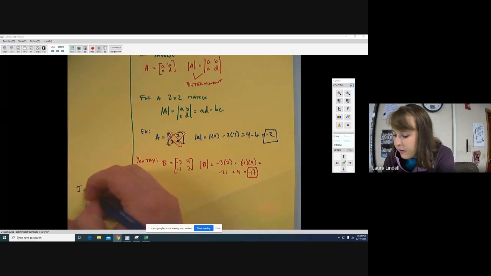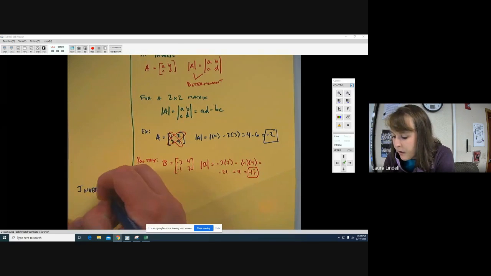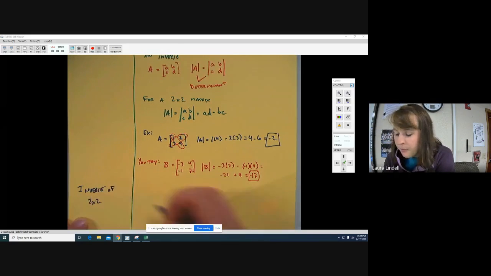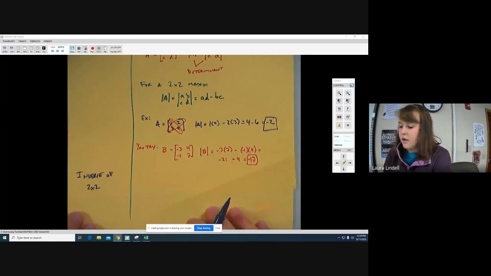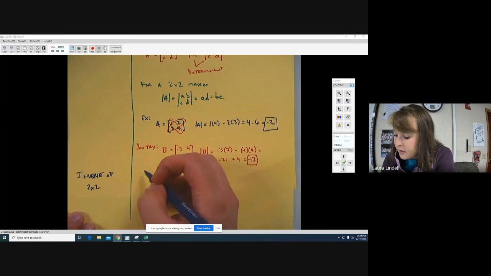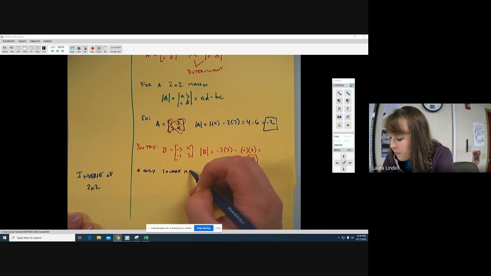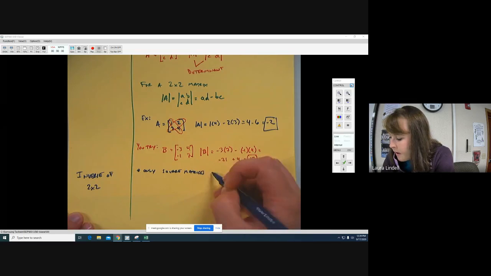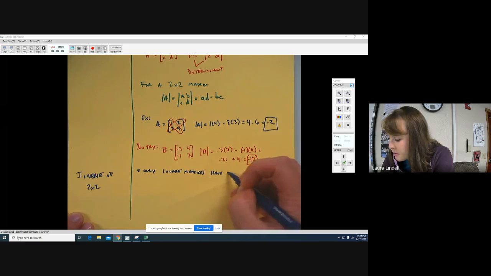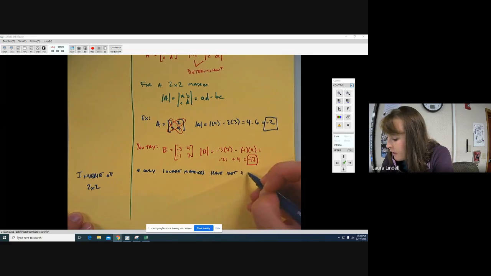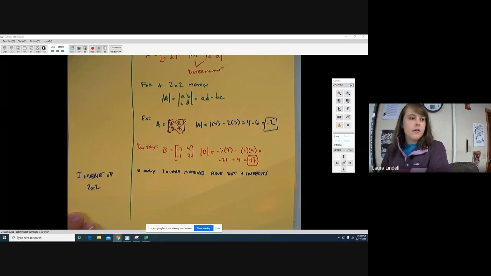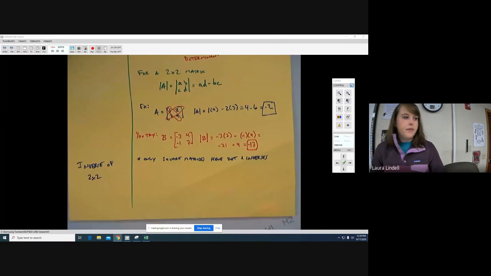So we're going to talk about the inverse of a 2 by 2. So for inverses in general, only square matrices have determinants and inverses.